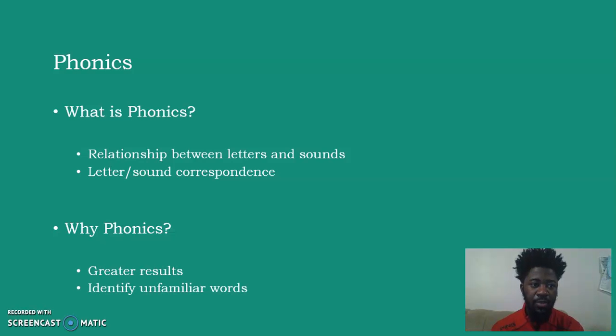Here we have phonics. Phonics involves more than just letter and sound correspondences. Why do we need phonics? Because it provides greater results in reading skills. Also, students are able to identify unfamiliar words.